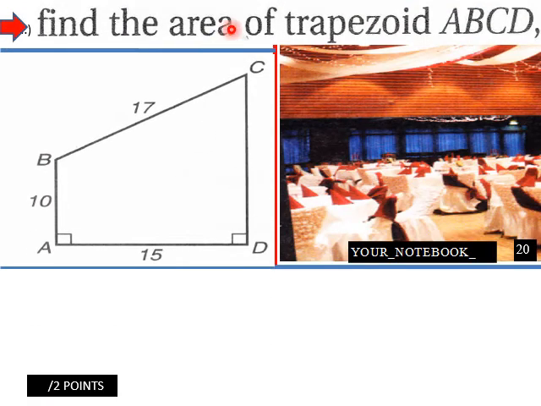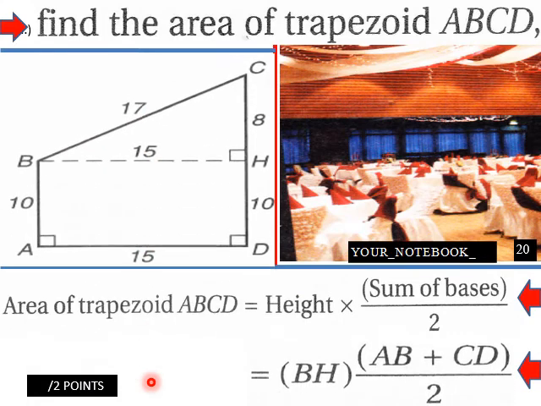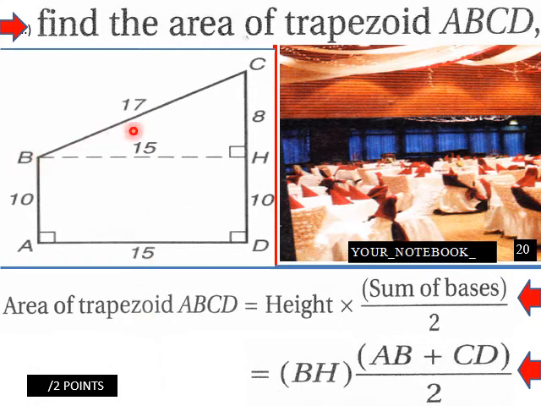And then the final area of this trapezoid here. Area of trapezoid ABCD is height times the sum of the bases over 2. So we divide this up into a rectangle. BH here is our height.